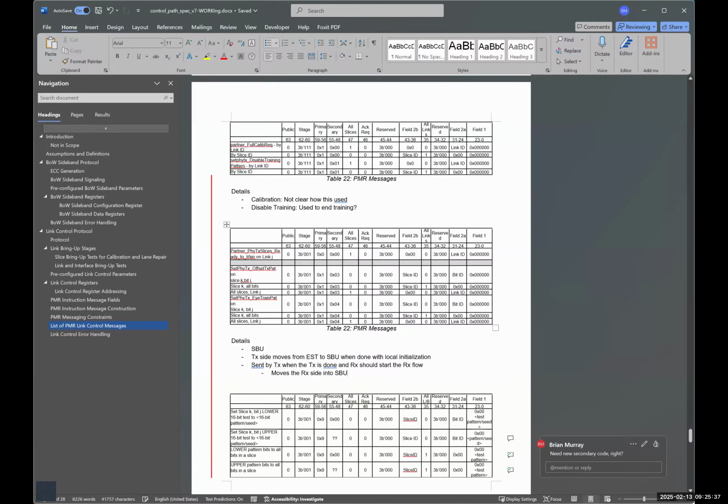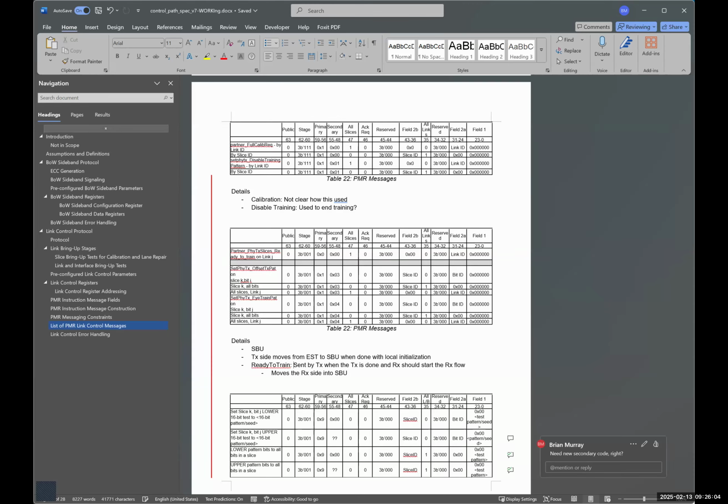Sorry, I need to make sure I'm talking about the right thing. This is the ready to train. Does that make sense? The TX side, when it comes up, whenever it feels like it, can move after EST into SBU, right?